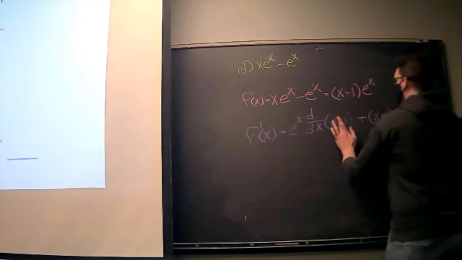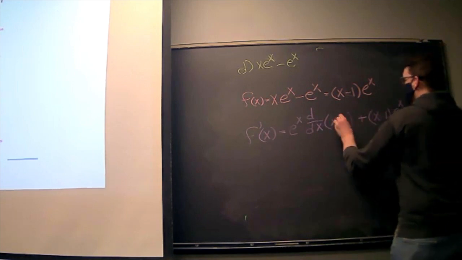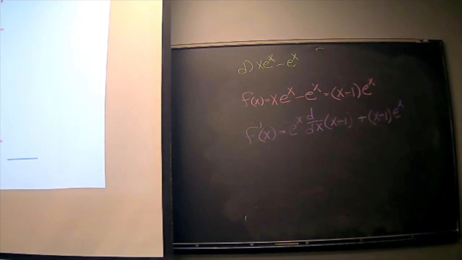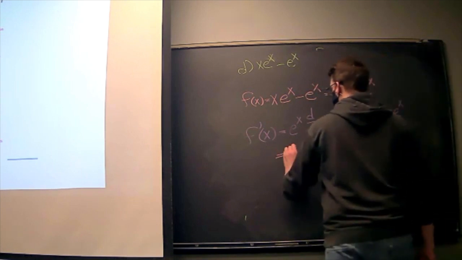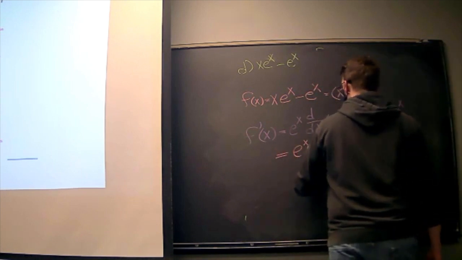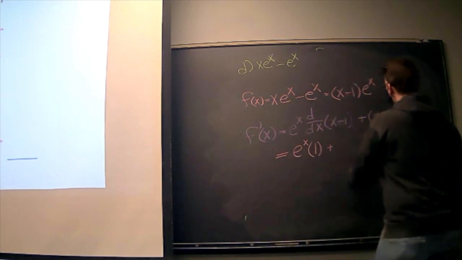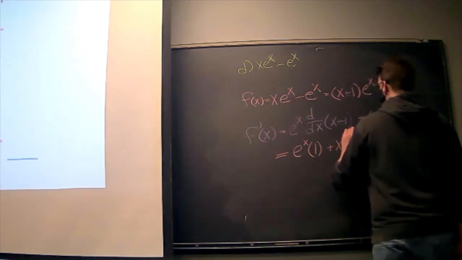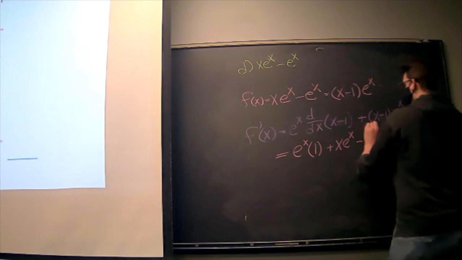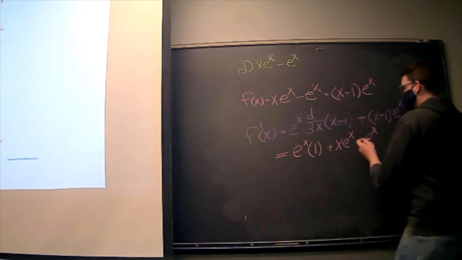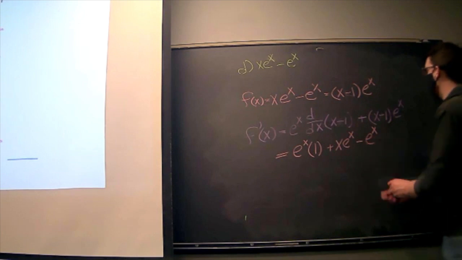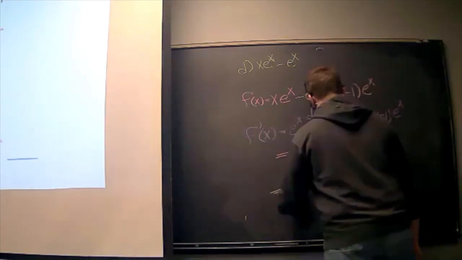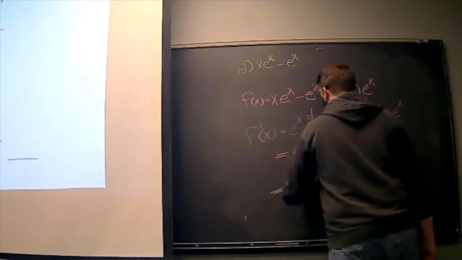My mistake, these are minus, not pluses. So the derivative of this is just going to be e to the x, 1 plus, we can factor this e to the x through, we're going to get plus x e to the x minus e to the x. And lo and behold, this is going to cancel with that. So all we're left with is x e to the x.